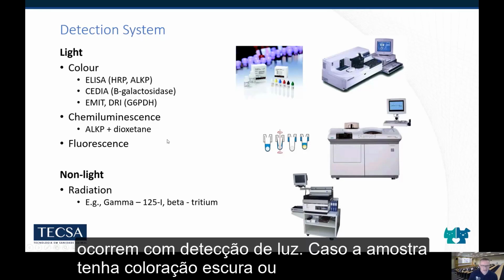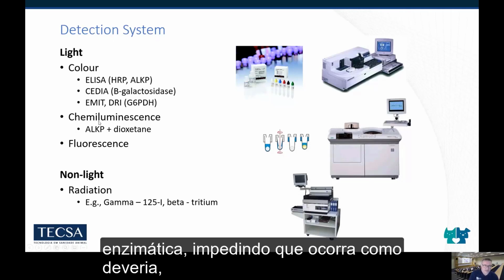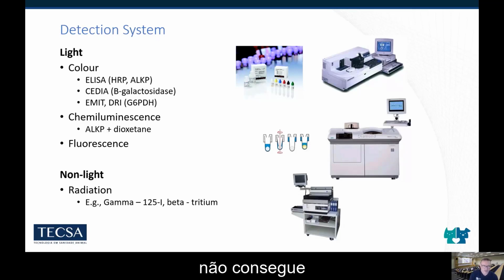There are some issues with light detection potentially if there's a dark color in the sample or something that makes this enzyme reaction not work as well as it should. Then the system's not going to properly detect the bound hormone. Whereas radiation doesn't have any of those issues.